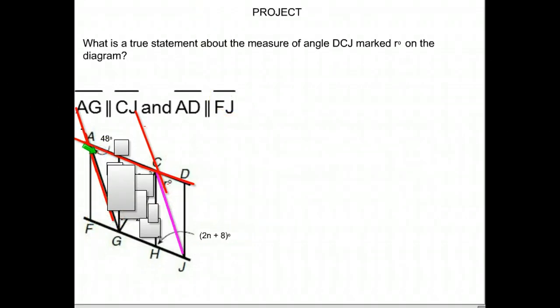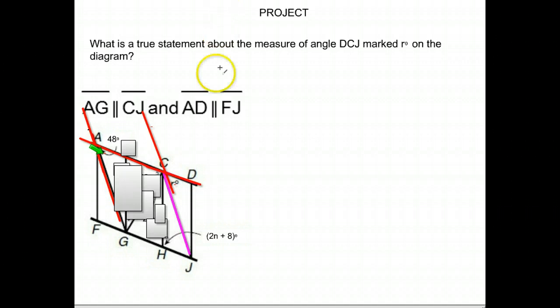Hopefully you looked through your notes and found that corresponding angles are congruent. So what do I know about angle R? I know that R is 48 degrees because it corresponds to the 48-degree angle, and corresponding angles are congruent.